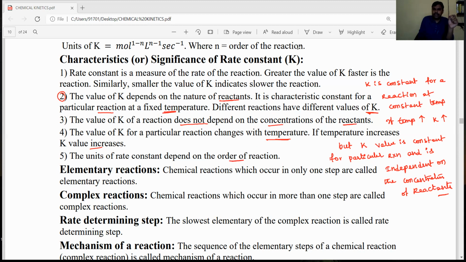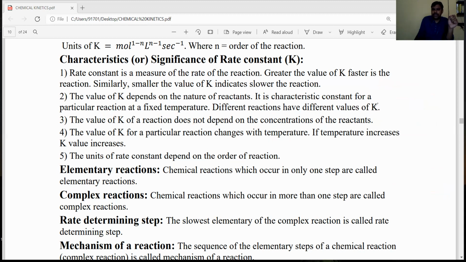Already we know that. What are the units of rate constant, dear students? The units for K are mole per liter to the power of 1 minus n into second inverse.